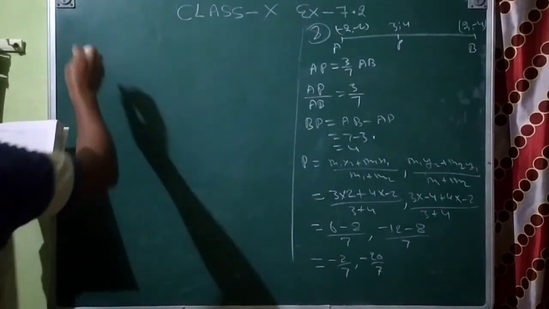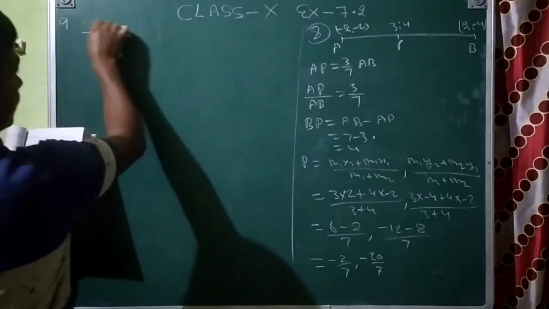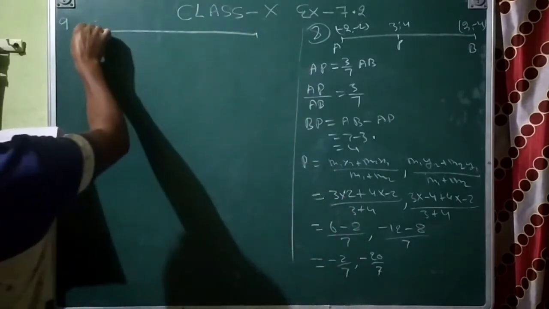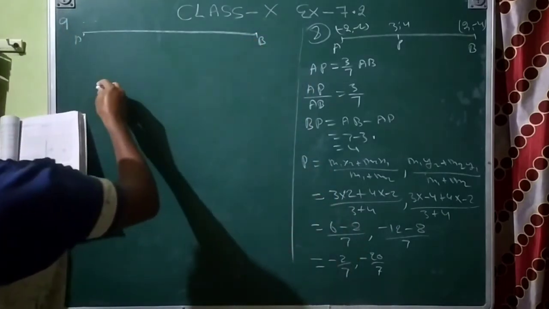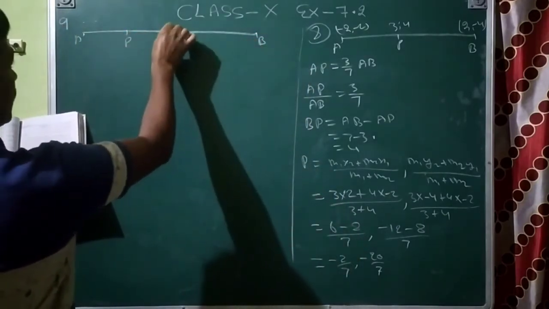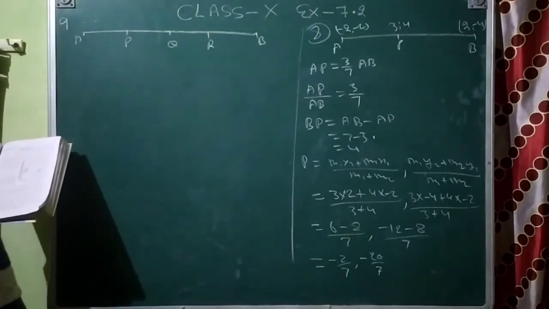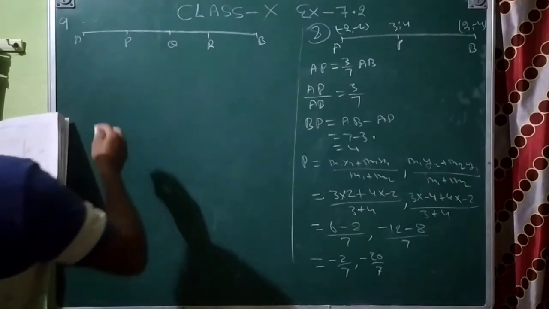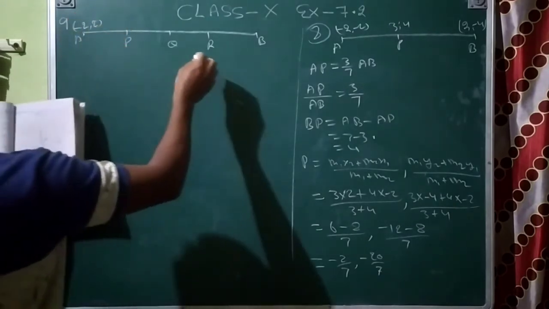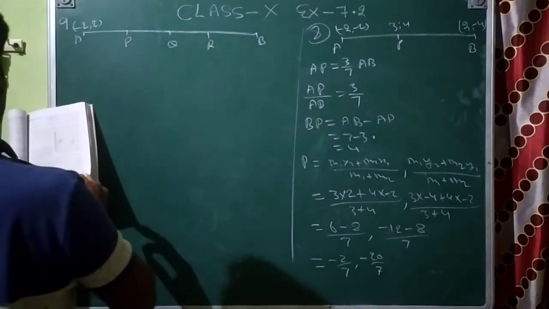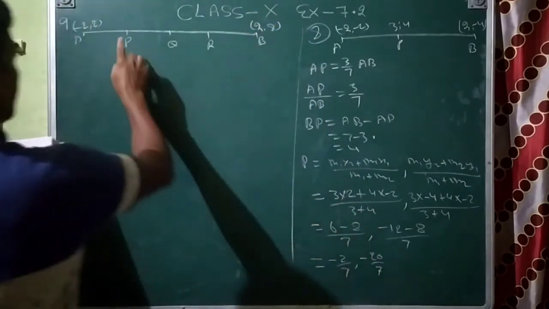In the ninth question, one line AB is given, and we can suppose P, Q, R divide it into four equal parts, with A (minus 2, 2) and B (2, 8). So we will find P, Q, R.